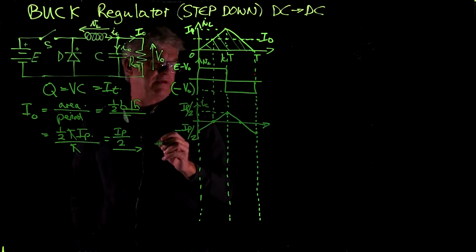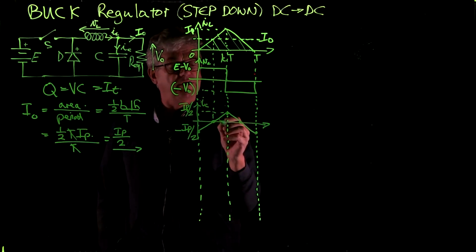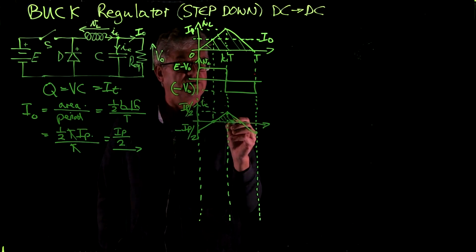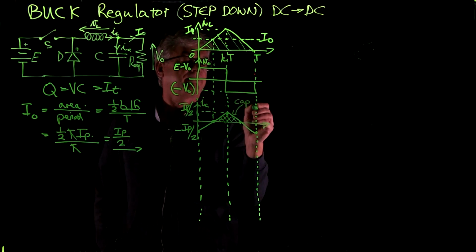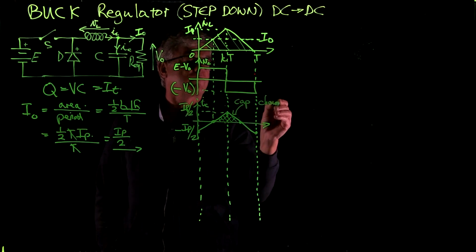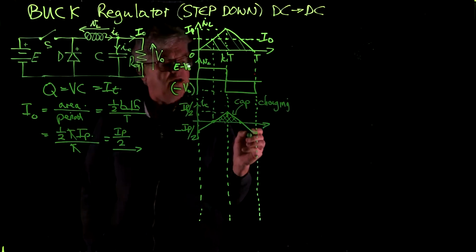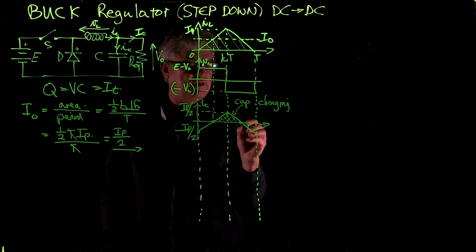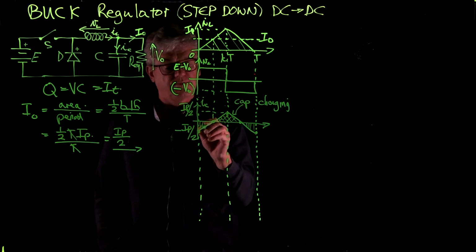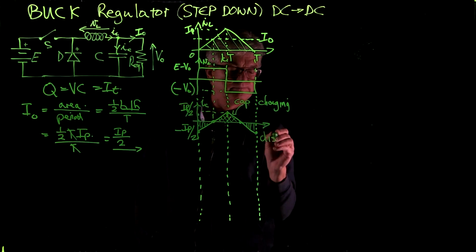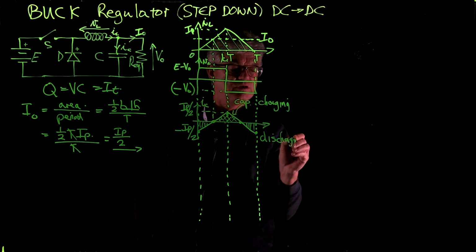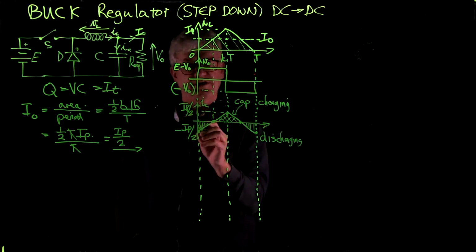So where is the capacitor charging? Well, during this period here, the current is positive, so there the cap is charging. And during this here, the cap is discharging, since the current is negative.